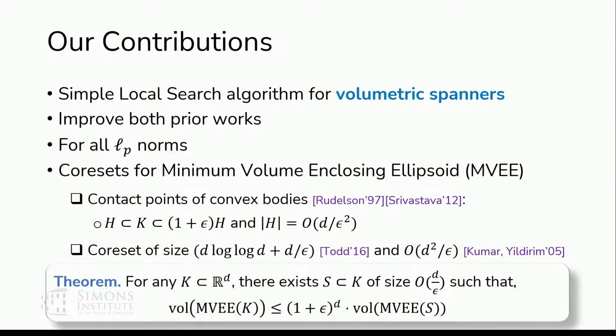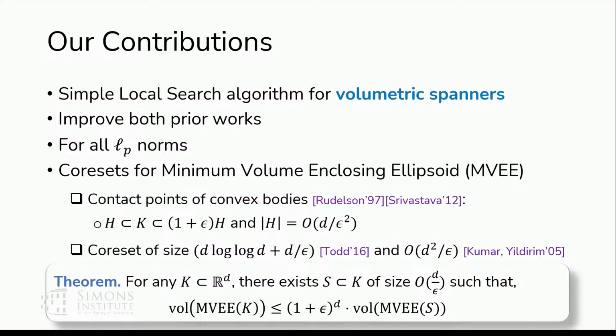Also, the prior works that got this well-conditioned basis or spanning subset relied on minimum volume enclosing ellipsoids. For instance, in Todd's result, the size was something like d log d plus d over epsilon, and in the prior work it was order d squared over epsilon.